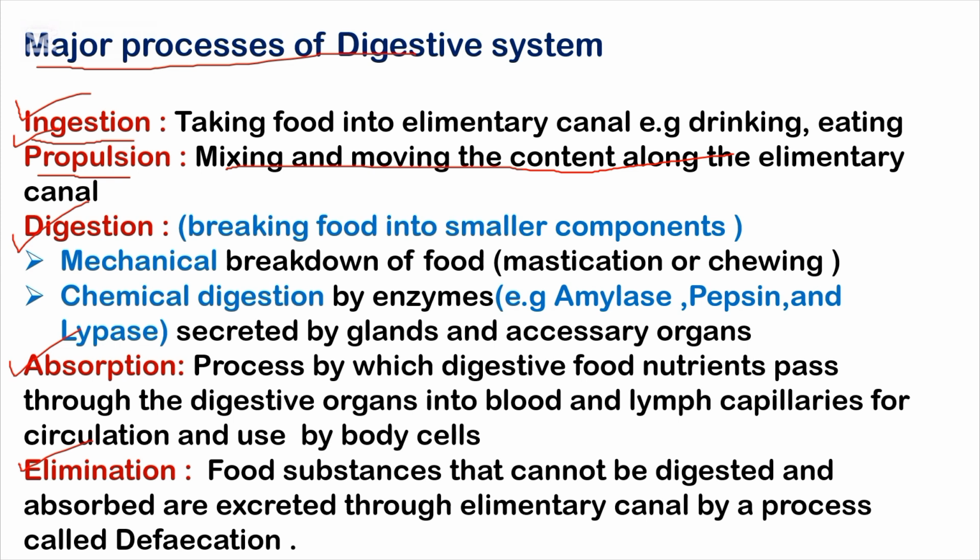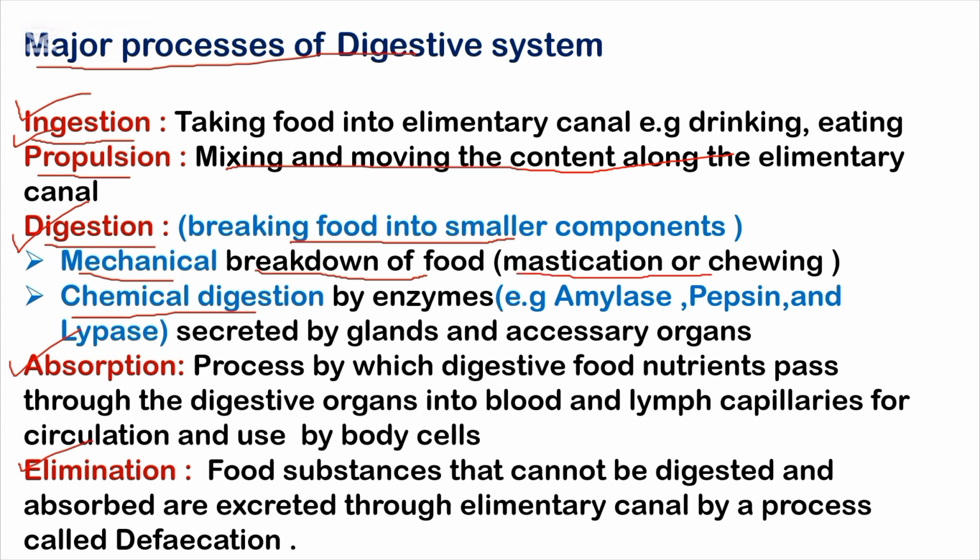The next process is digestion, and it is a process in which food is broken down into smaller components so that it can be absorbed and used by body cells. It is of two types: mechanical digestion and chemical digestion. Mechanical digestion means physical breakdown of food, and it begins in the mouth where food is broken down by teeth, and this process is known as mastication or chewing.